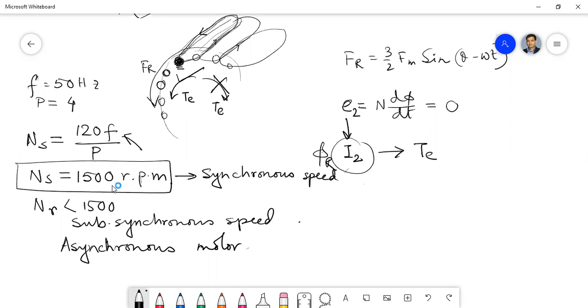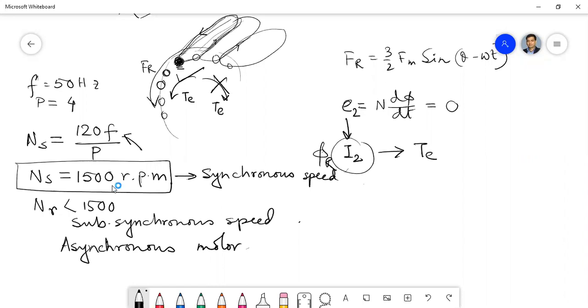Then suppose for p equals to 2, correct. For p equals to 2 only, we'll get the maximum speed, that is 3000 rpm. For 50 hertz supply for a three-phase induction motor, it cannot be more than 3000 rpm. Okay, so that is the maximum speed.